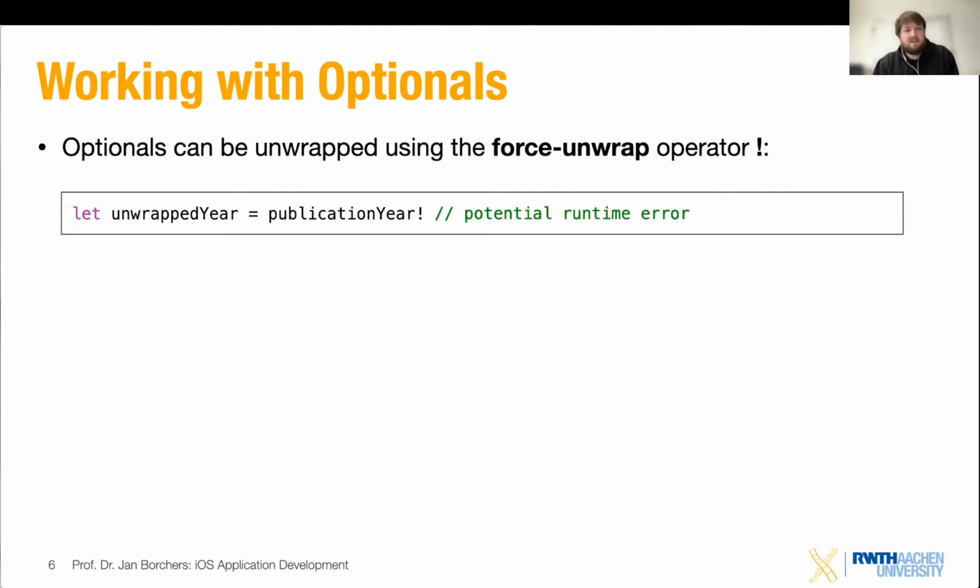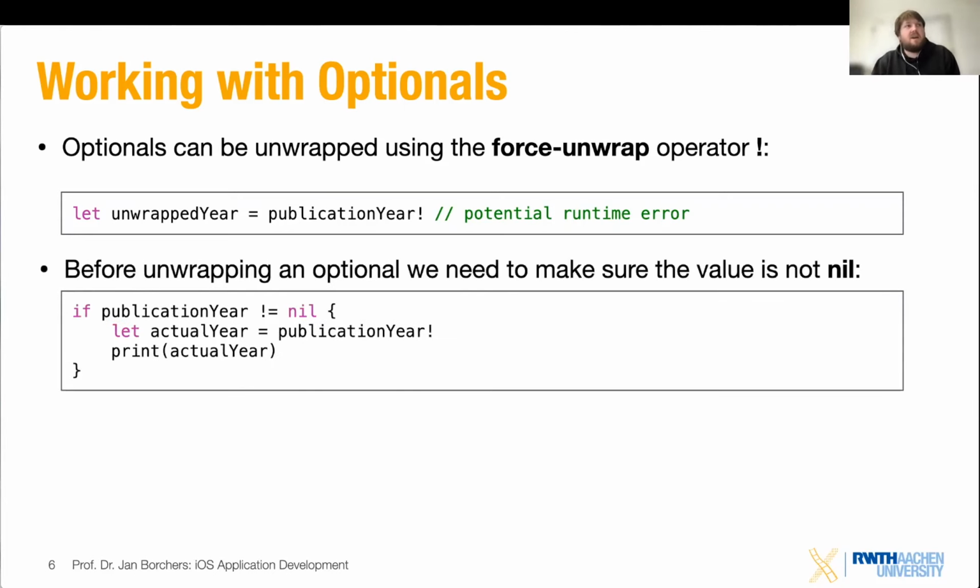And it negates the whole reason for using an optional in the beginning, because if you just force unwrap it, then you could have just used an integer directly. So only use that if you're really sure that there is an integer in that publication year, for example. So what you usually do then is to first check whether that is the case.